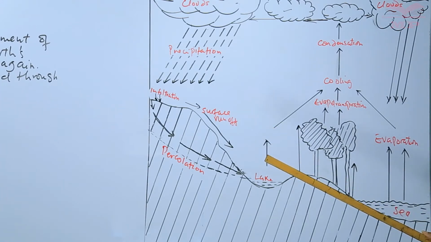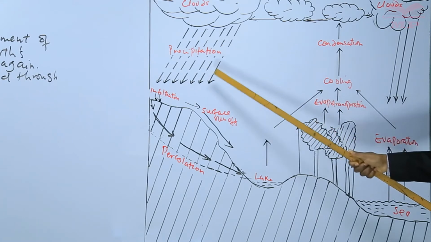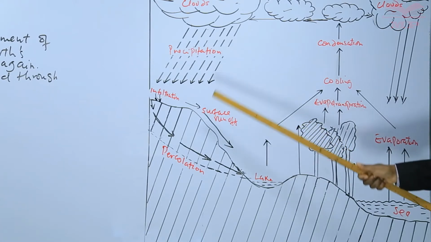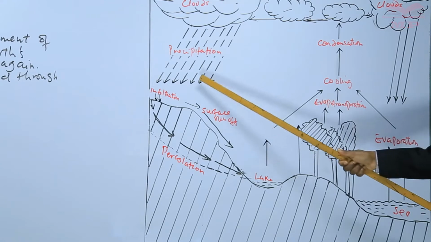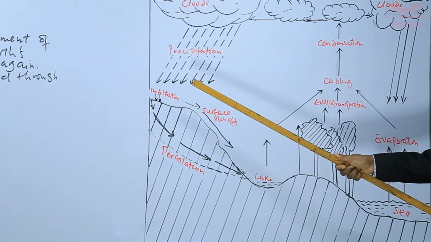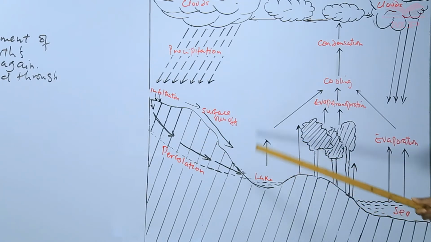Now, when precipitation reaches the ground in form of rain, some water flows from the surface into the valleys, into ponds, into lakes, learners, into swamps, and even into the sea here. This water comes back into the sea.